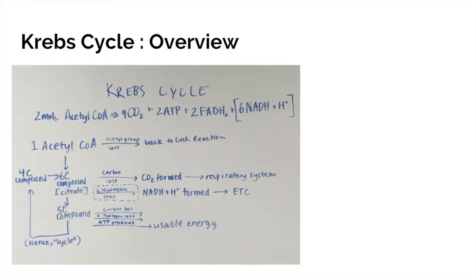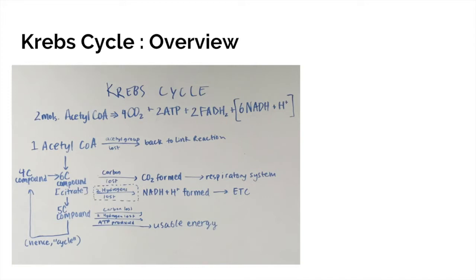So as an overview for the Krebs cycle, all of the processes that I just described are for one molecule of acetyl coenzyme A. So in fact, this happens twice per glucose molecule. So each glucose is broken down into 2 molecules of pyruvate, which is then converted into 2 molecules of acetyl-CoA.